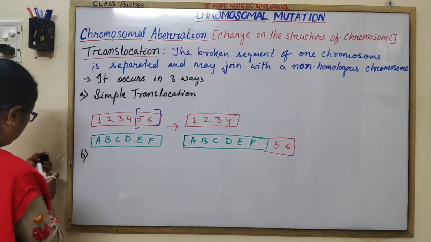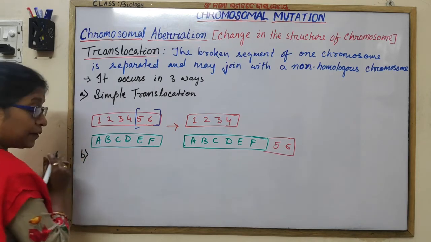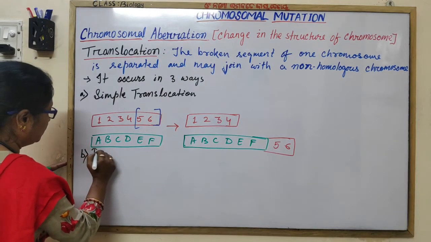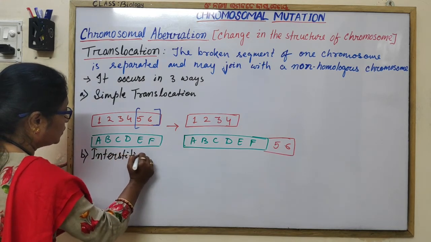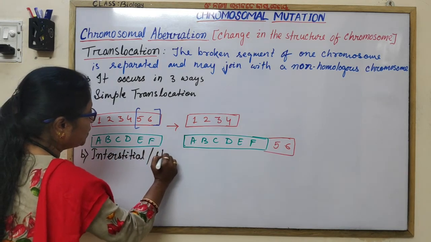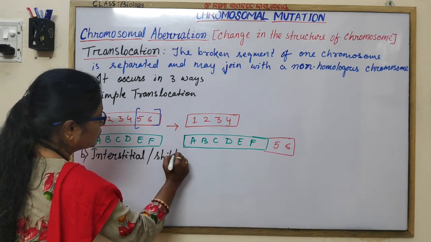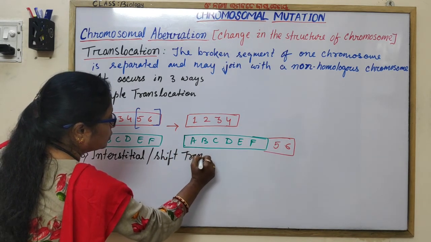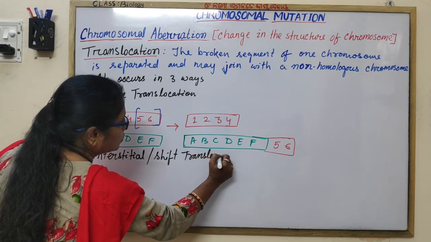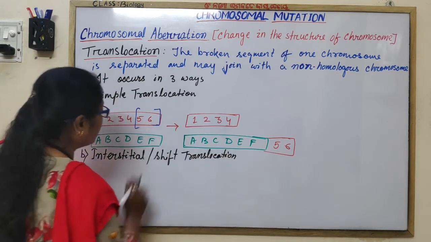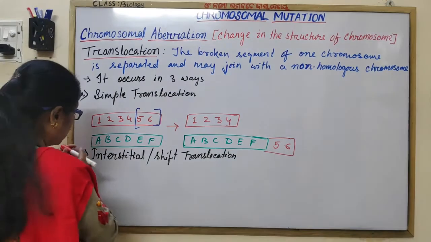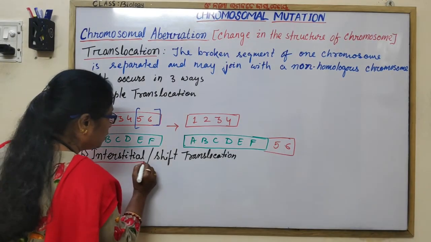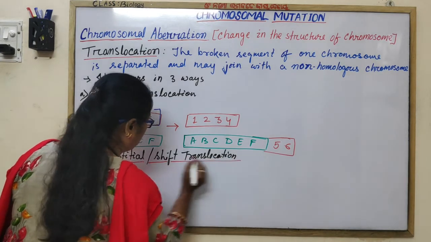Another type is interstitial or shift translocation. Remember, here the broken segment is separated and attached to the non-homologous chromosome.